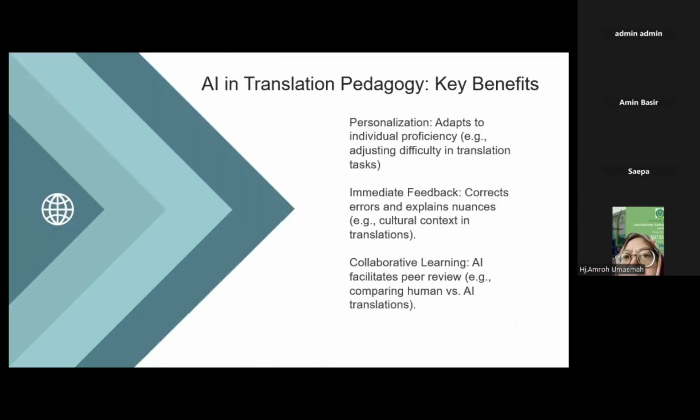First is personalization, I mean, the AI adapts to individual proficiency. For example, adjusting difficulty in translation tasks. And then immediate feedback, which corrects errors and explains nuances. For example, cultural context in translation.